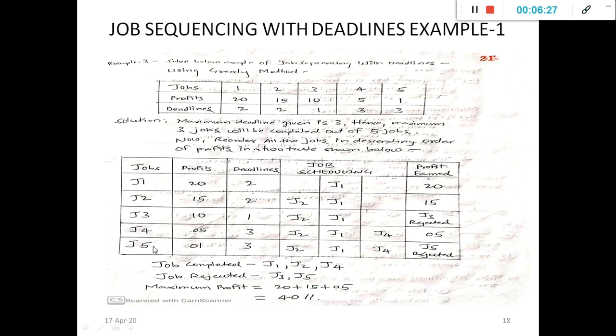Finally choose job J5, but there is no slot available, hence job J5 is rejected. From this discussion, it's clear that the jobs completed are J1, J2, J4, and the jobs rejected are J3 and J5. You will get the maximum profit by adding all the values in the last column, that is 20 plus 15 plus 5 equal to 40.